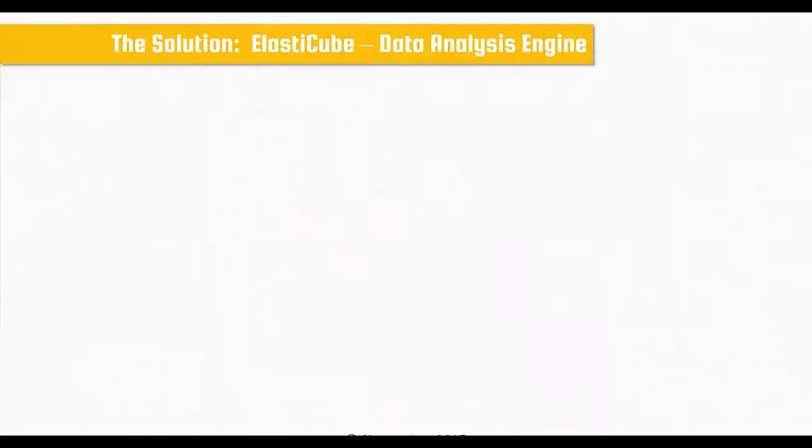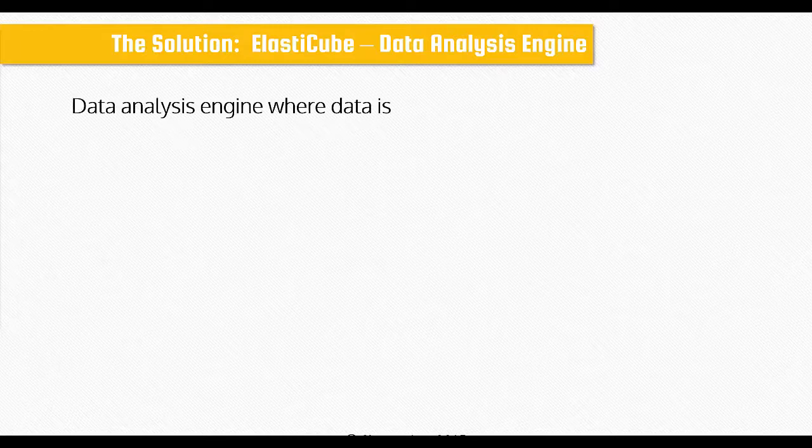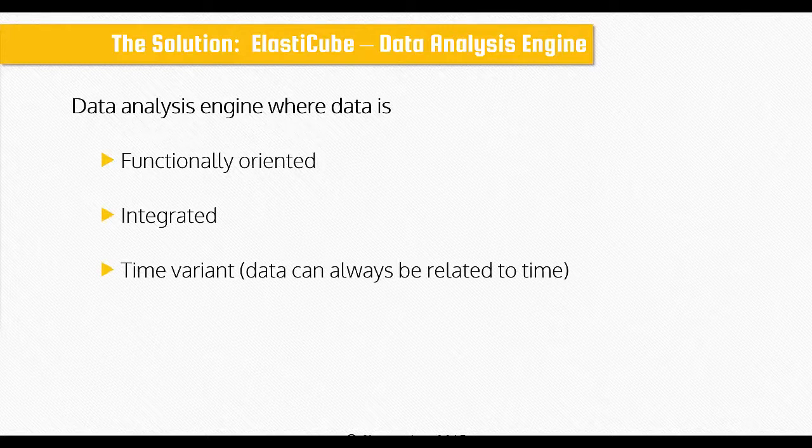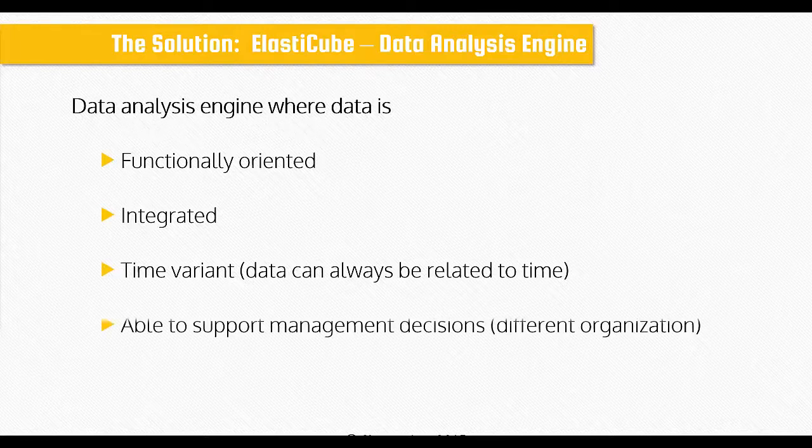Now, the answer to all those challenges is good Elasticube design. But what is Elasticube? What is it good for? So Elasticube is a data analytics engine where data is functionally oriented, integrated. It's time variant, meaning the data can always be related to time, and it's able to support.